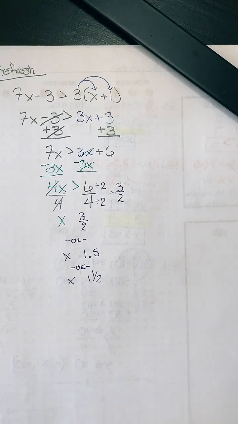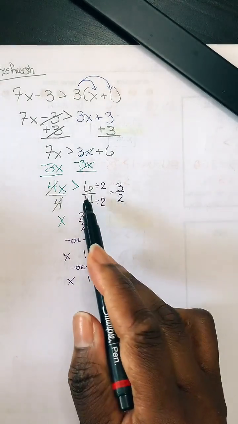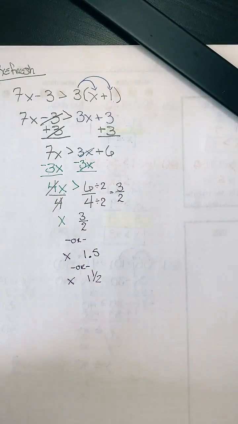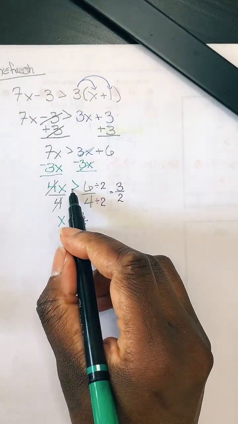Okay, so does it stay the same, remain the same, or flip because you divide? No, it stays, because it's not a negative number. There we go, Leanne. There we go, ladies and gents. So if you recall, we started off with a greater than.